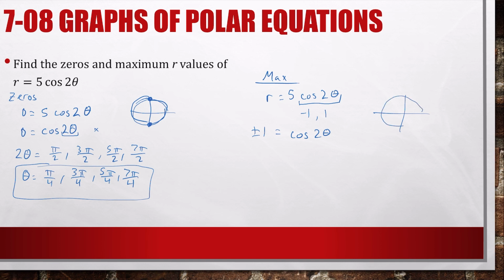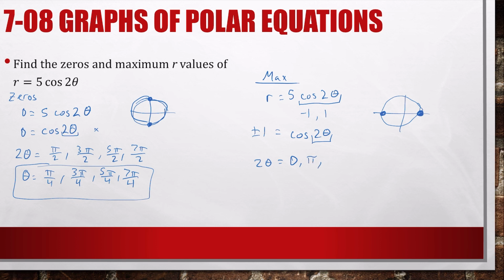Well, cosine is x, so the x is at 1 there, negative 1 there. So our angle is 2 theta, and it's 1 at 0, and it is negative 1 at pi.